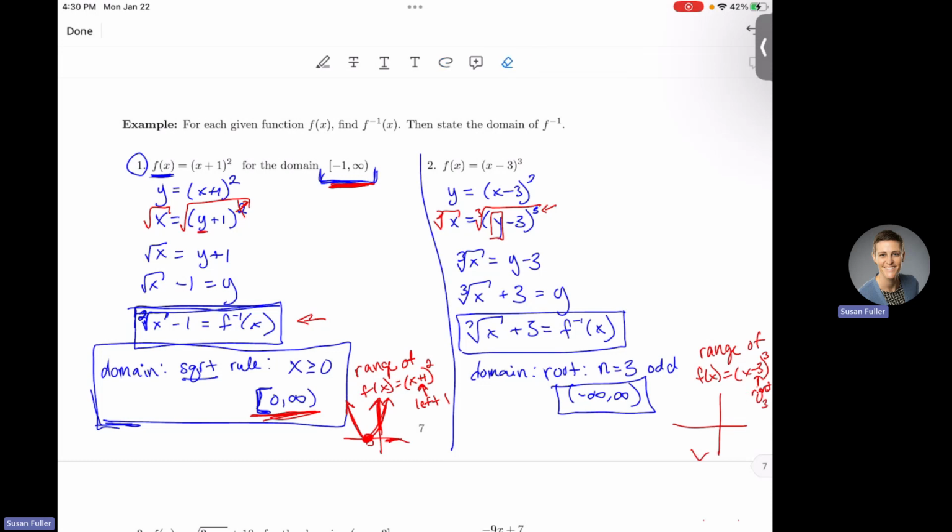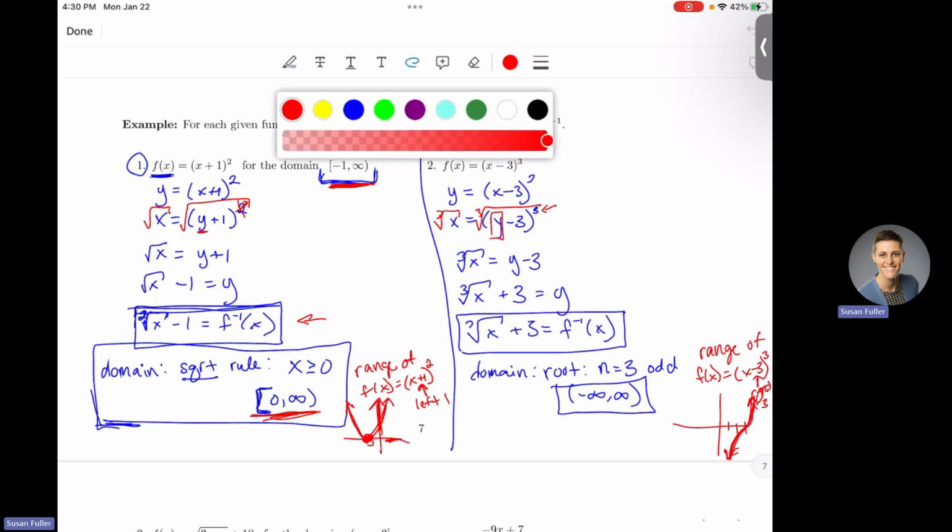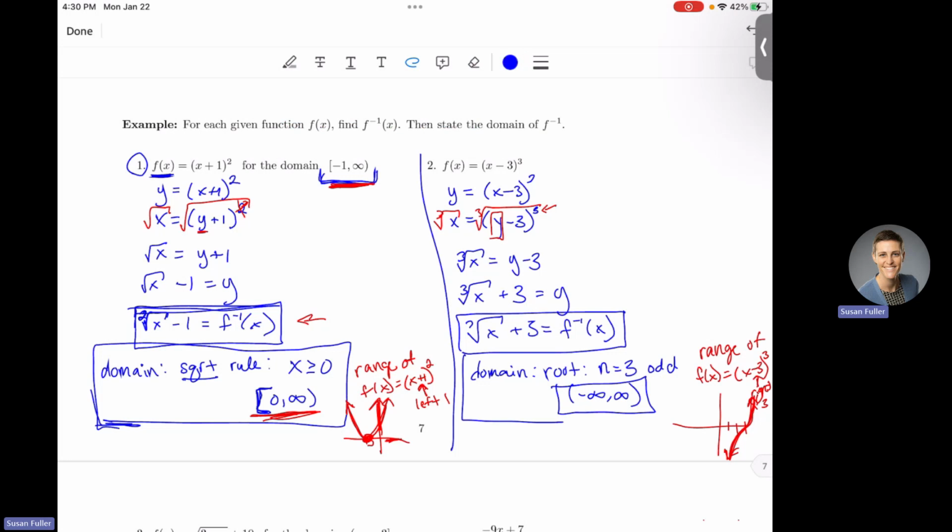So I'm going to take this graph and I'm going to slide it 1, 2, 3 units to the right. And I'm going to look something like this. And the range of this graph is negative infinity to infinity, which matches my domain. That makes me feel great. Everything matches and we are good.